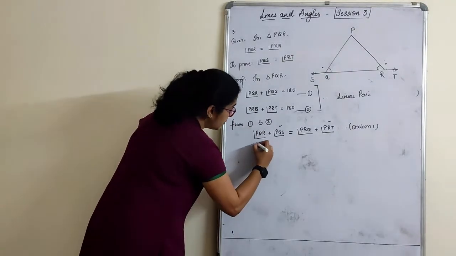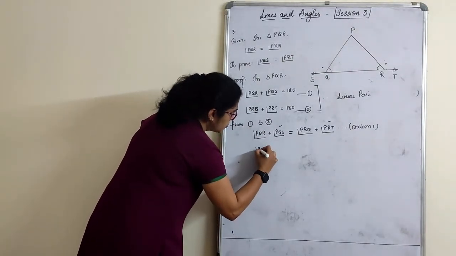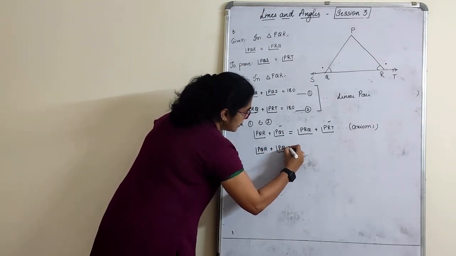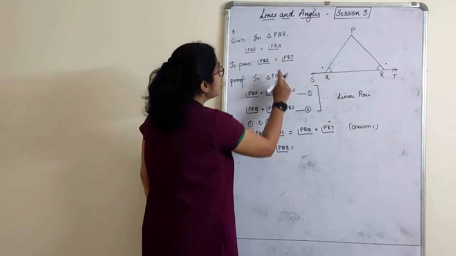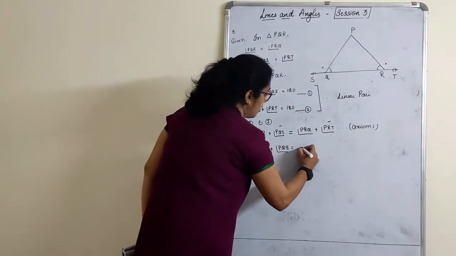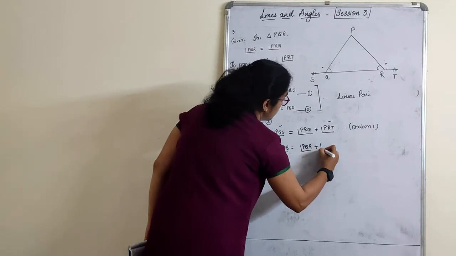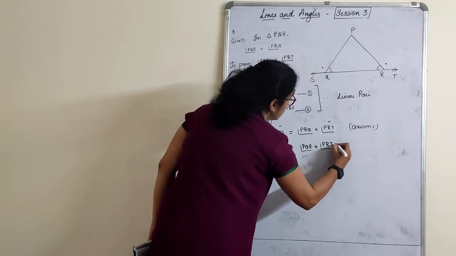So what we will do now is, any one angle you can substitute. I'll keep PQR here only, plus PQS is equal to PRQ, which is equal to PQR, plus angle PRT.